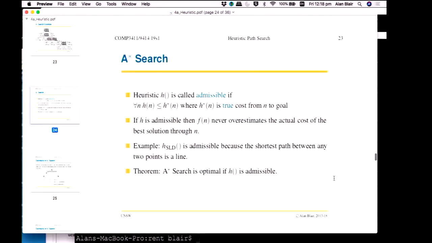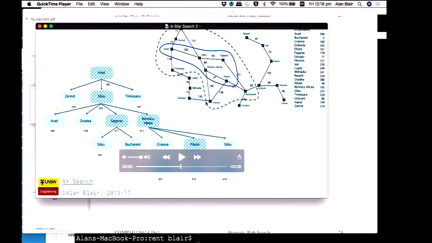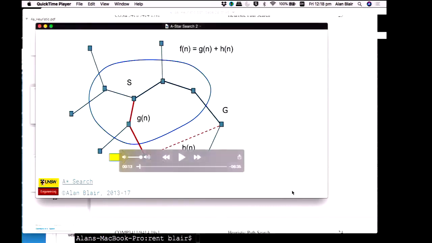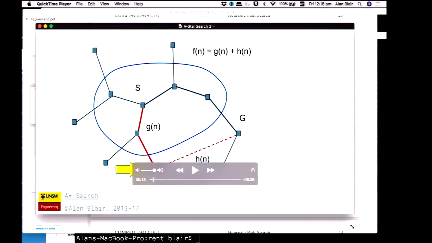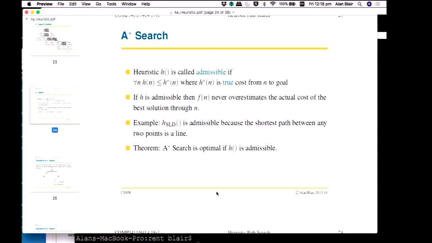Okay, now why is this guaranteed? It is complete and it is optimal. Let's try to understand why it's optimal. We can prove that it's optimal, but we need a particular assumption. This distance estimate must always be less than or equal to the true distance.